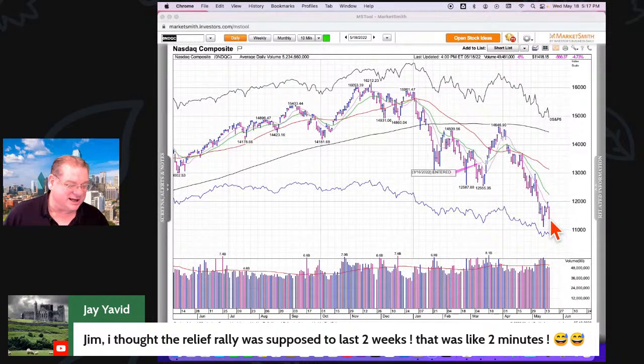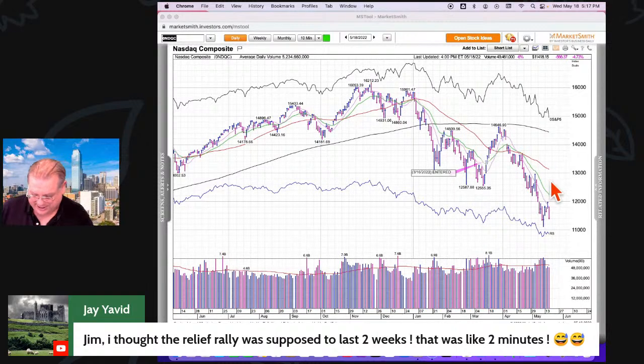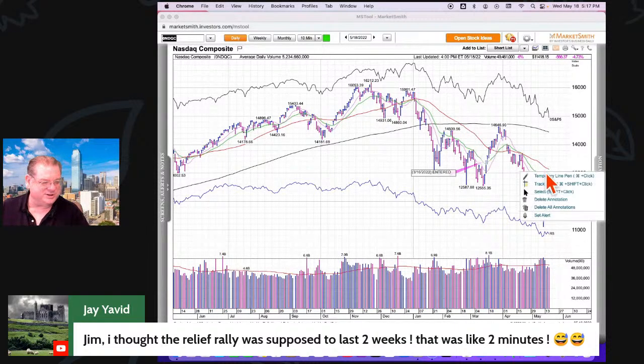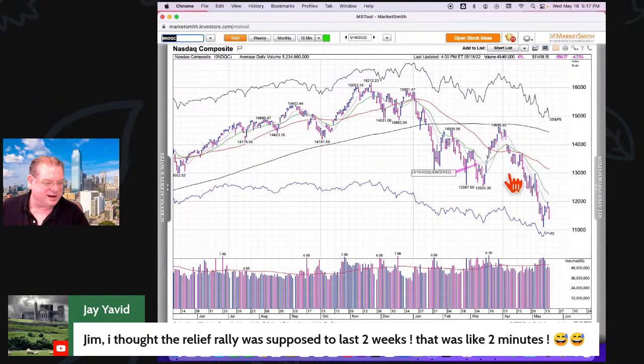So we will see. The direction here is lower. I mean, there's no question about it. It is continuing the downward trend. I thought we'd get a little bit of a bounce.